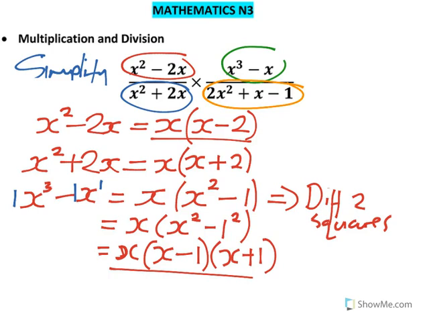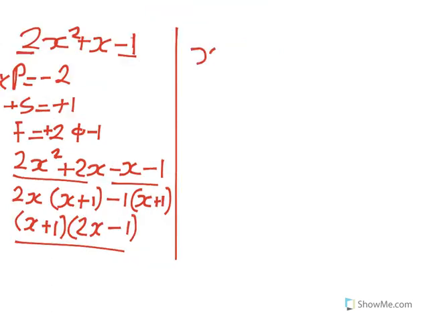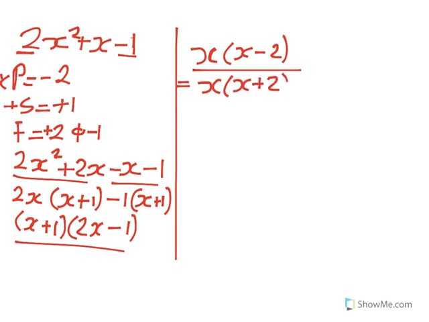Now, if you look at the problem that was given, it was x squared minus 2x. For x squared minus 2x, I'm going to have x times x minus 2. This is equal to x minus 2 over x. If you still remember, it was x plus 2.